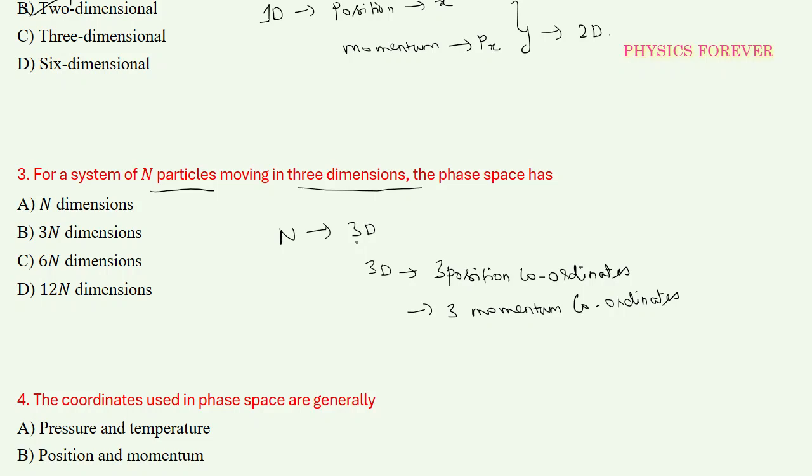So in total, 6 for each particle, so 6n for n particles. So the correct option C is correct. Most important: problem-oriented questions will come.